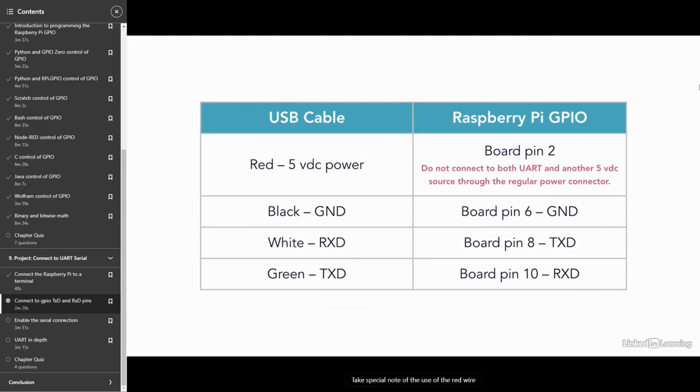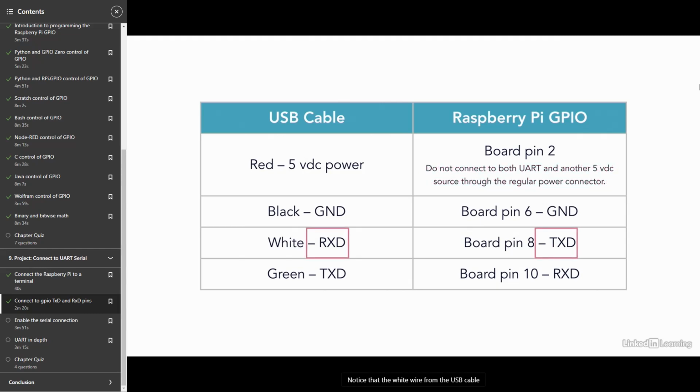Take special note of the use of the red wire coming from the USB. In this example, I am not connecting it to the GPIO. You can connect it to the GPIO, and it will supply 5 volts from the USB to the GPIO, and the Raspberry Pi will boot. But if you do this, do not connect power to the Raspberry Pi in the normal way.